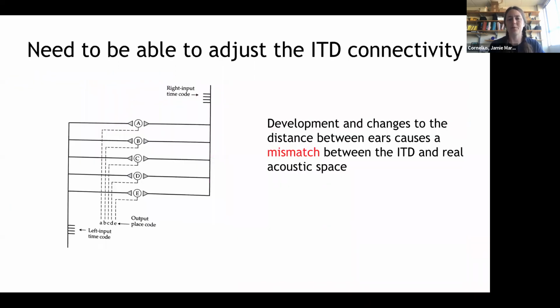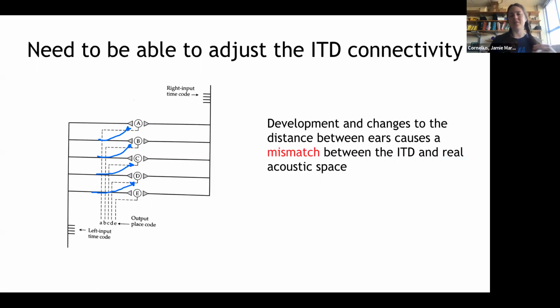So you need to be able to adjust how these neurons connect, because as the space between the two ears gets larger, it may be more likely that this neuron should connect here, and this one should connect there, and this one should connect there, and this one should connect there.